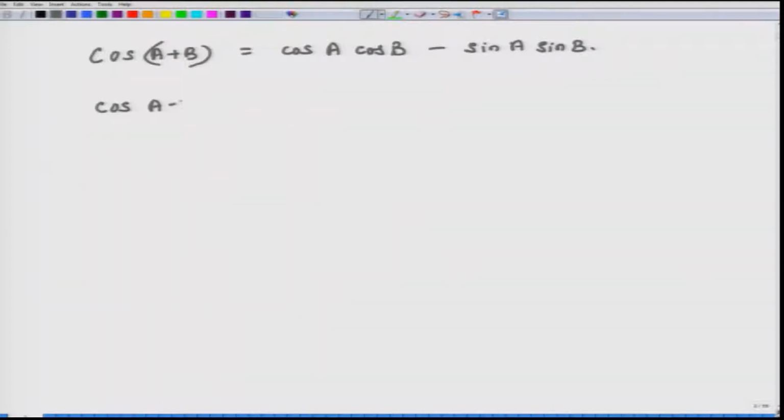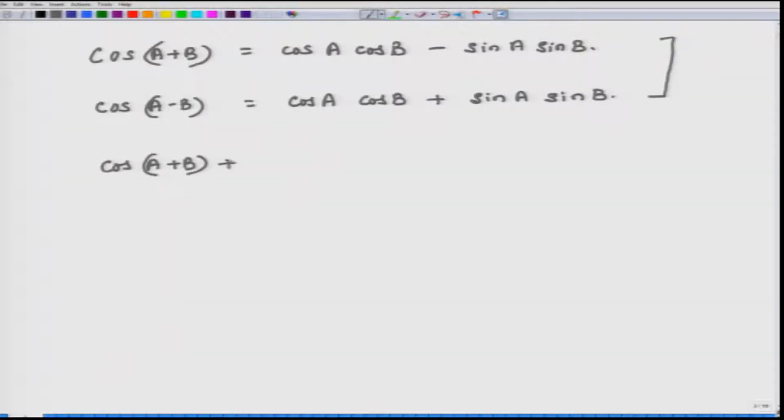And then cos(A-B) equals cos A cos B plus sin A sin B. So, these are standard trigonometric expressions, and if I add these two, what do I get? cos(A+B) plus cos(A-B) equals 2 cos A cos B, right.